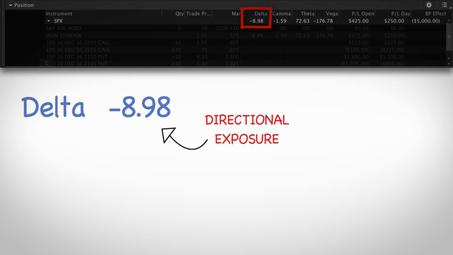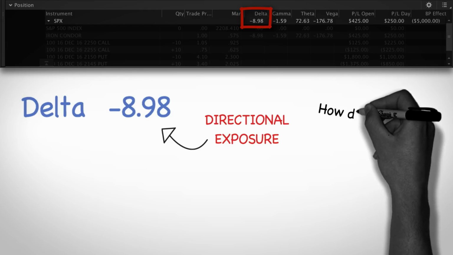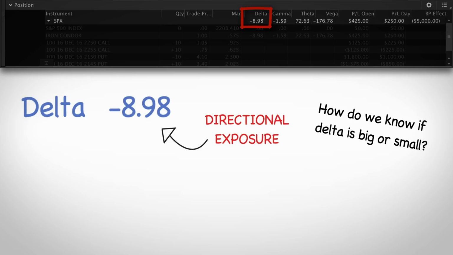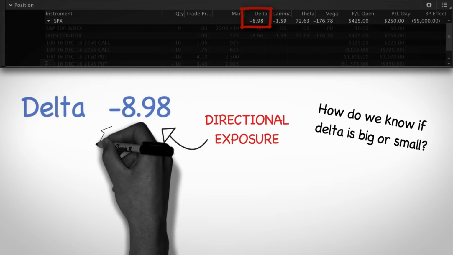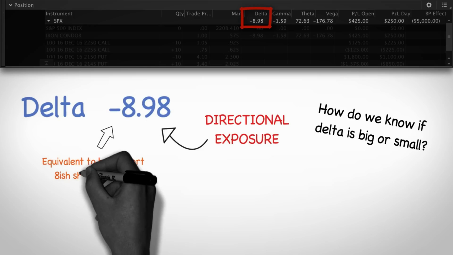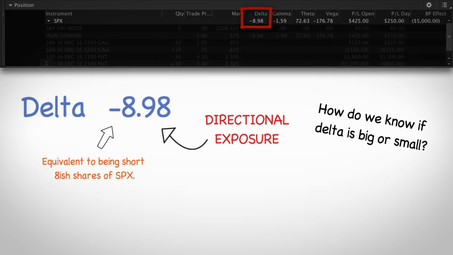So one last thing about delta before moving on. How do you know if a delta is big or small? Well, really it's subjective and it depends on your risk tolerance and account size. But for any of you who might have a history of trading stocks, one way I like to look at it is this option position is the equivalent of being short 8 shares of SPX. Now, I realize SPX isn't a stock, it's an index, and the index itself isn't tradable, but you get the point.